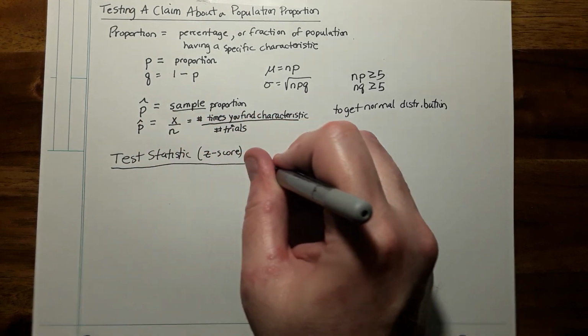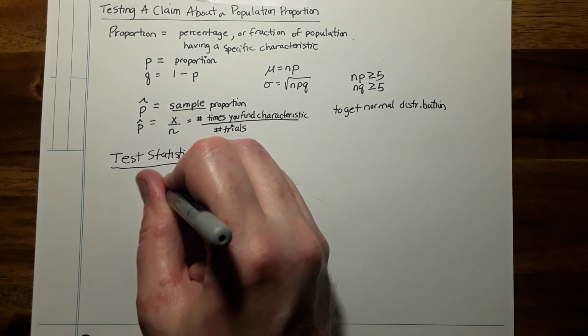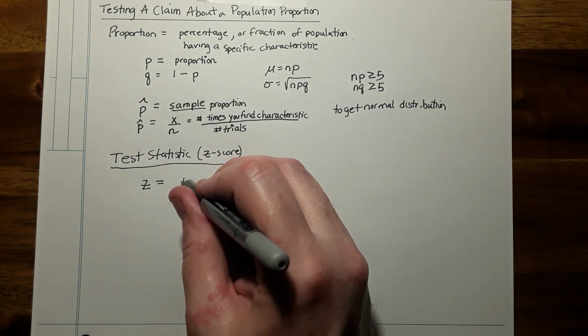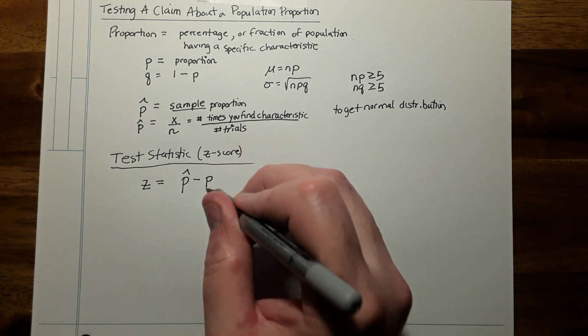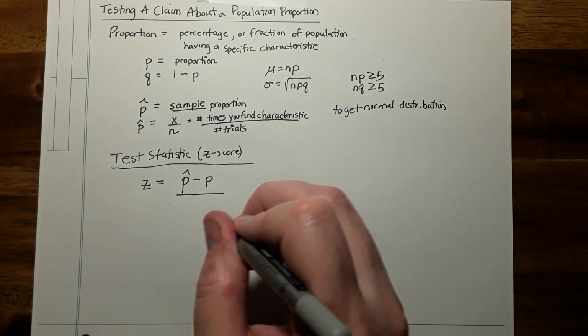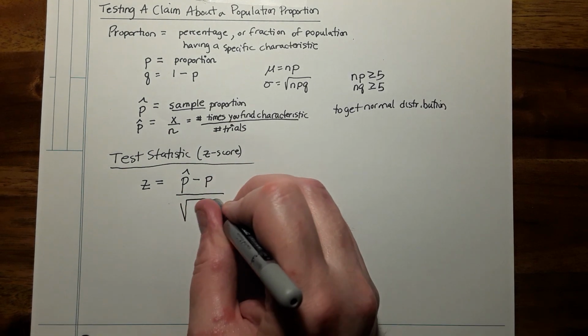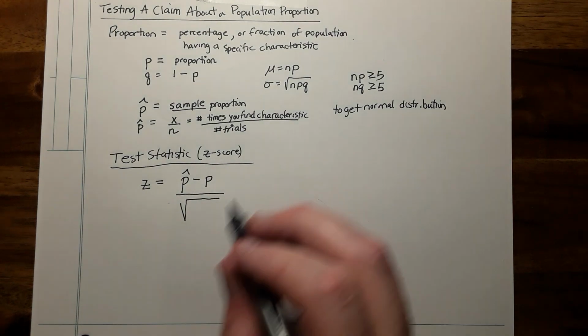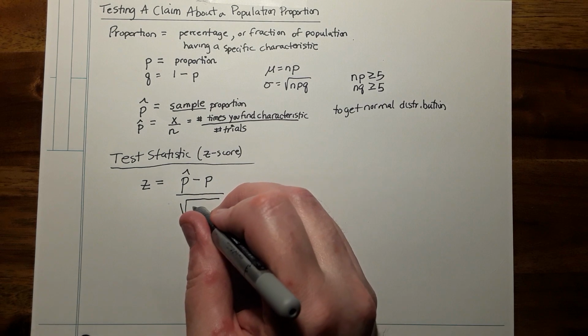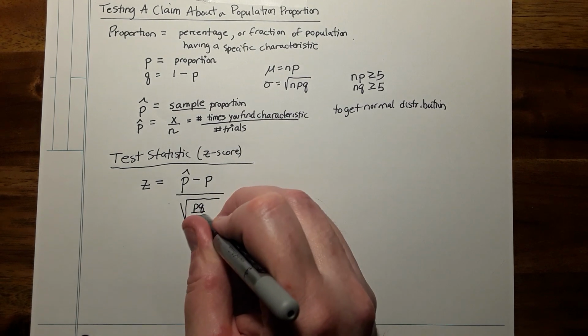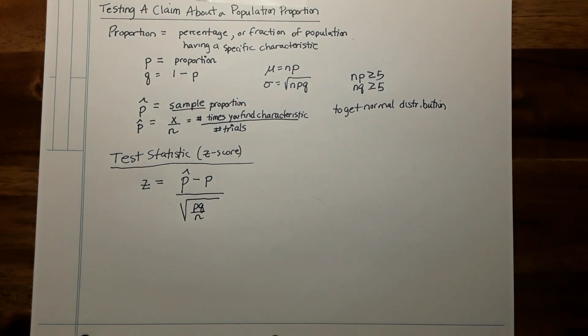We use the exact same calculation of z-score that we did previously. We take the sample proportion minus the claimed proportion, and divide by something from the central limit theorem: the standard deviation of the population divided by root n. You get something like PQ over n inside that square root.